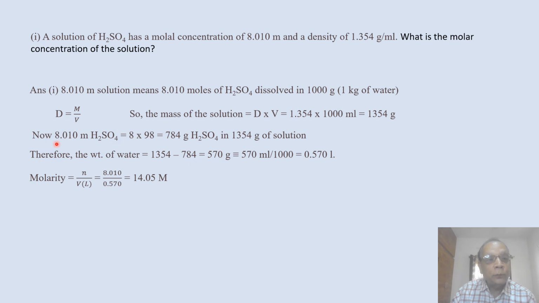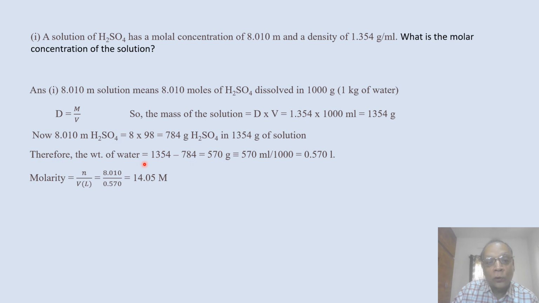Now 8.010 m H2SO4 means 8 into 98. 98 is the molecular weight of H2SO4. Multiplied by 8, it gives 784 grams of H2SO4 present in 1354 grams of solution.